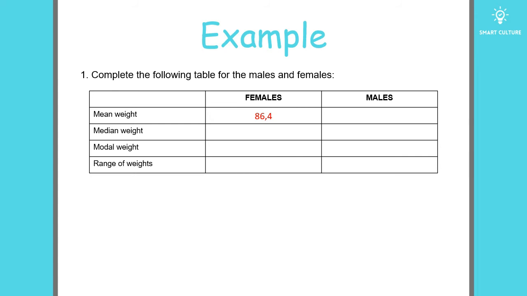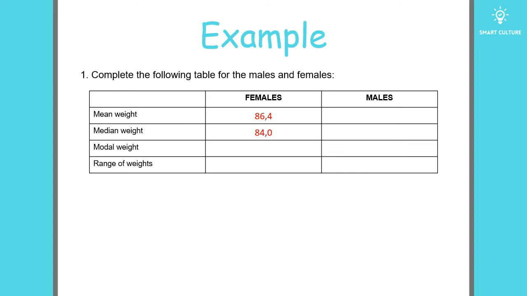So we have to take these 24 number values and arrange them in order from the smallest value to the largest value. We then have to find the middle value, but in this case there won't be a single middle value because 24 is an even number. So we take the two middle values and we divide by 2. So that will give an answer of 84.